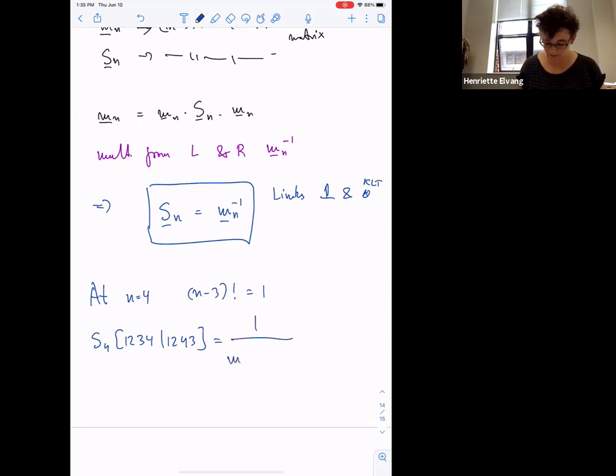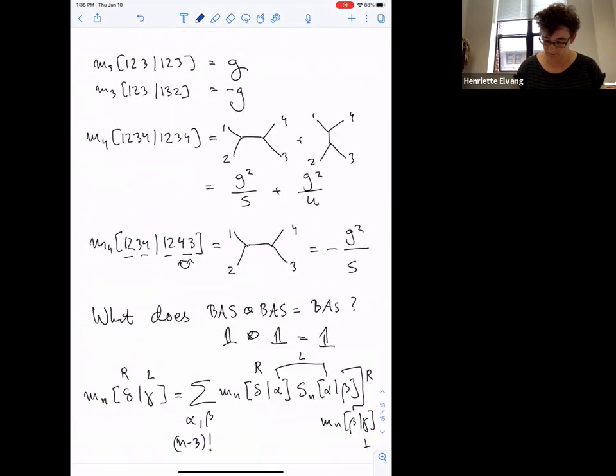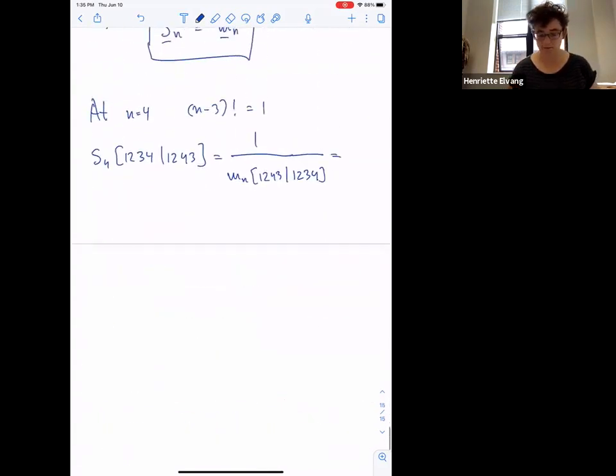So this should be the inverse of Mn 1, 2, 4, 3, 1, 2, 3, 4. And we know what this amplitude is. That was something we calculated before. That was the thing that just had the S channel. And so this gives minus S divided by G squared.